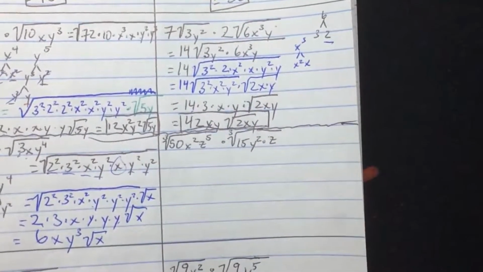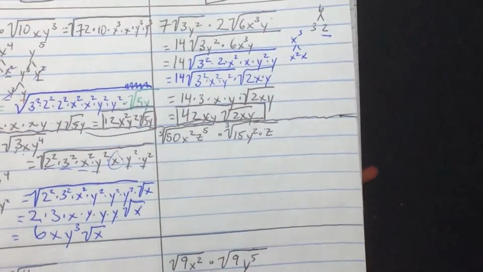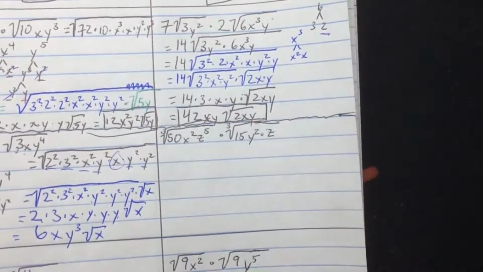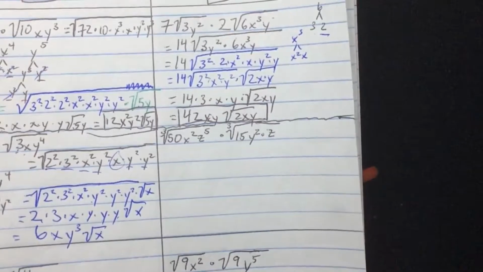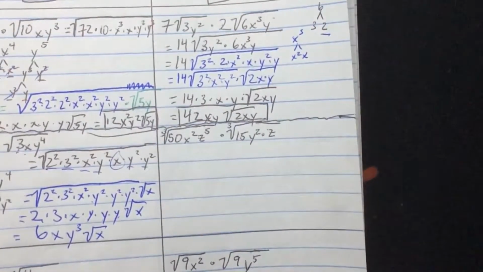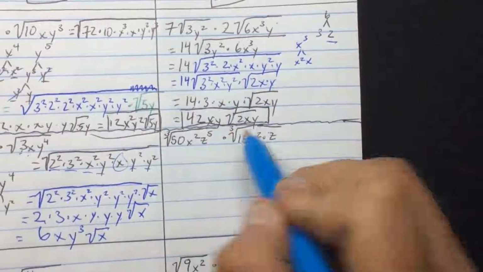Alright, last one for this part. We have the cube root of 50x squared z to the 5th power, and then times the cube root of, excuse me, 15y squared z. Okay, go ahead and change to green. So first thing, we see the index is the same, so we're going to go ahead and combine them.